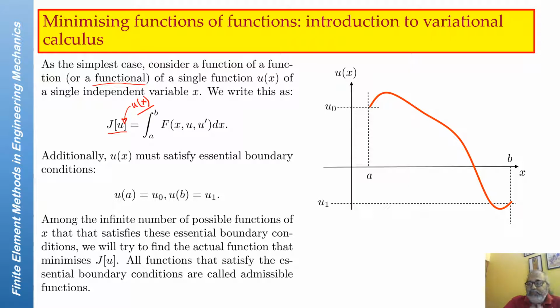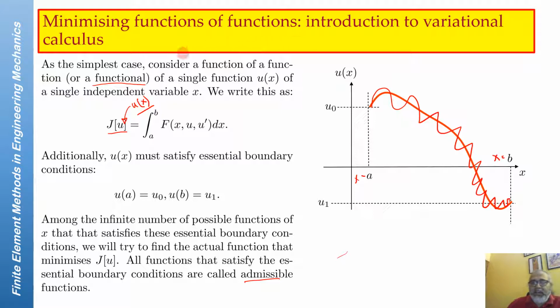And the only restriction that we have on this function is that at the endpoints, which are at x equal to a and x equal to b, it should have the specified values u0 and u1 respectively. Obviously, there can be an infinite number of such functions. These functions satisfy the two essential boundary conditions, and all these infinite number of functions will be called admissible functions.